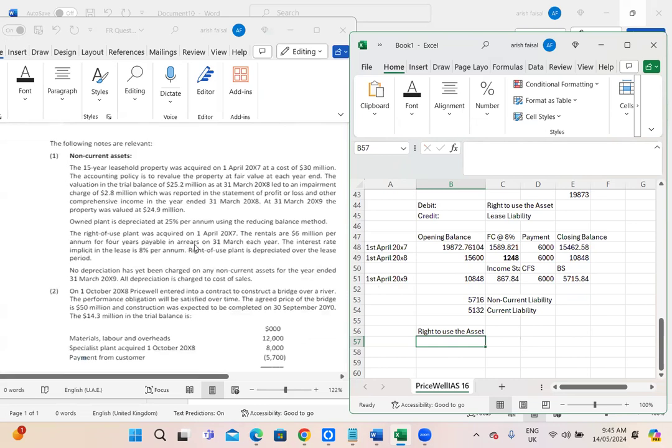The right of use plant was acquired on this, the rentals are this for 4 years payable, the interest rate is this, and it's depreciated over the lease period. So the lease period is basically 4 years. So the right to use the asset at cost was 20 divided by 4. So every year you get a 5 million depreciation.